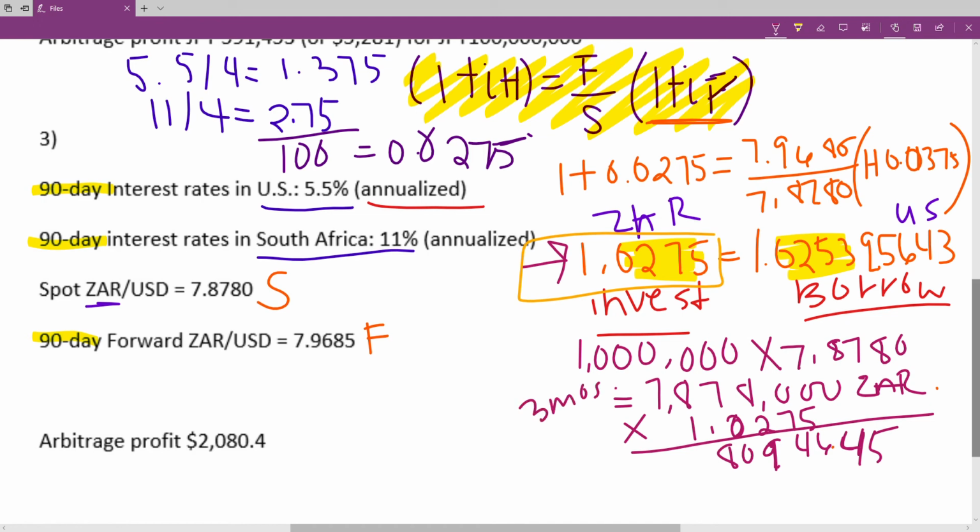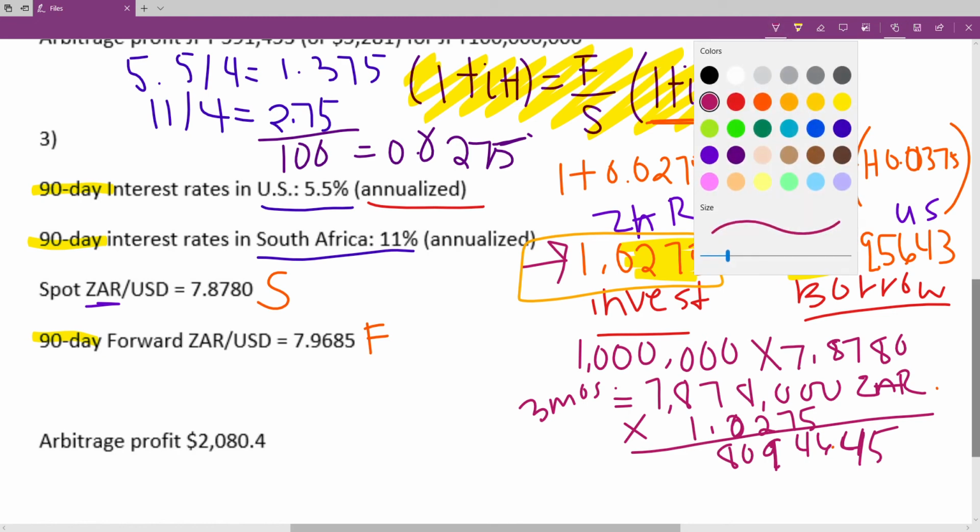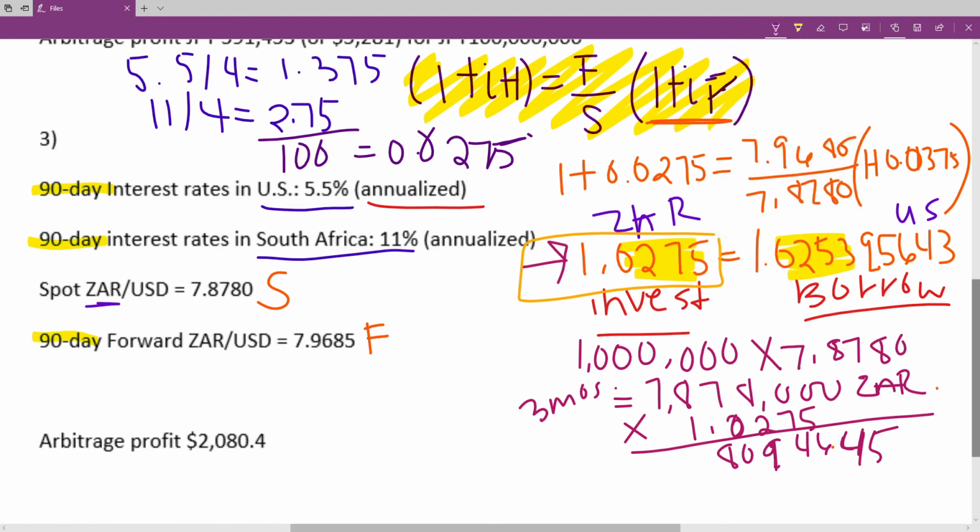Then the next step is that we want to convert our ZARs back into US dollars. When you're buying US dollars, you always divide, right? So this number is divided by 7.9685, which is our forward rate.